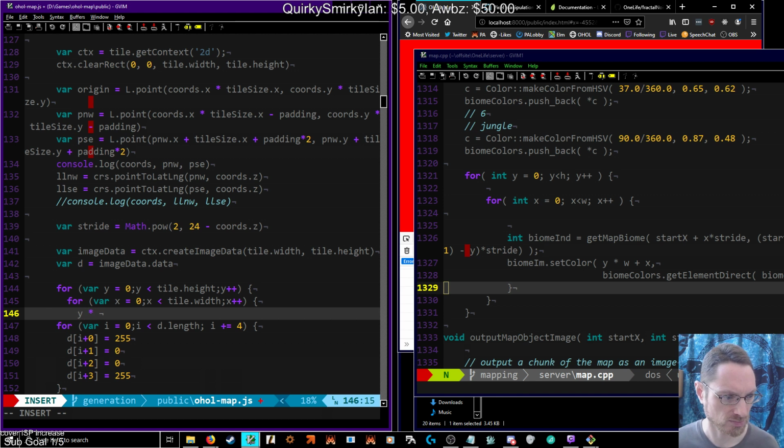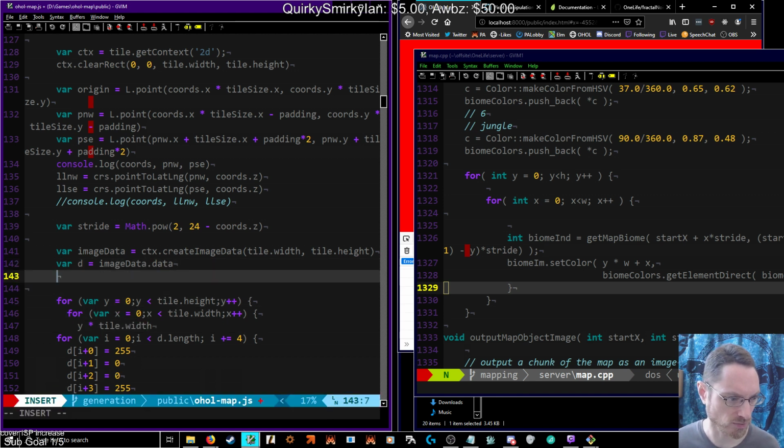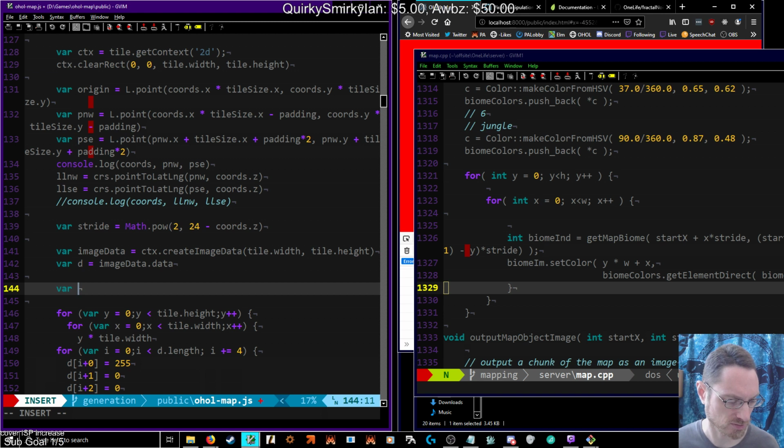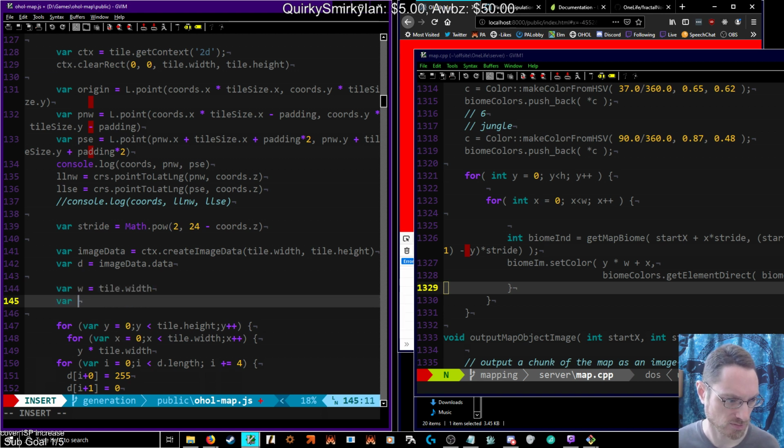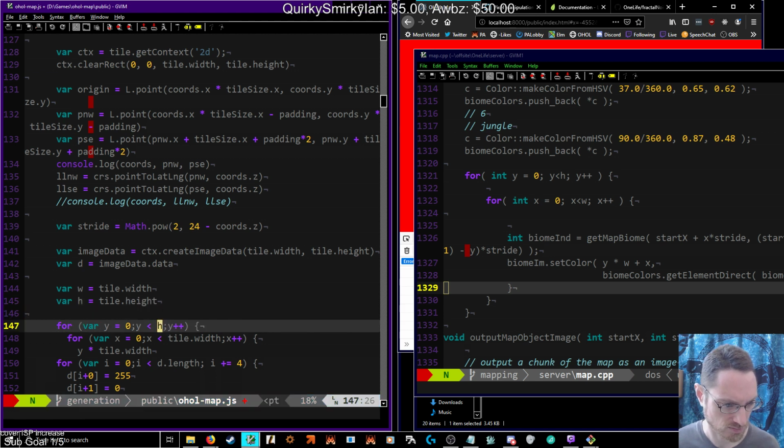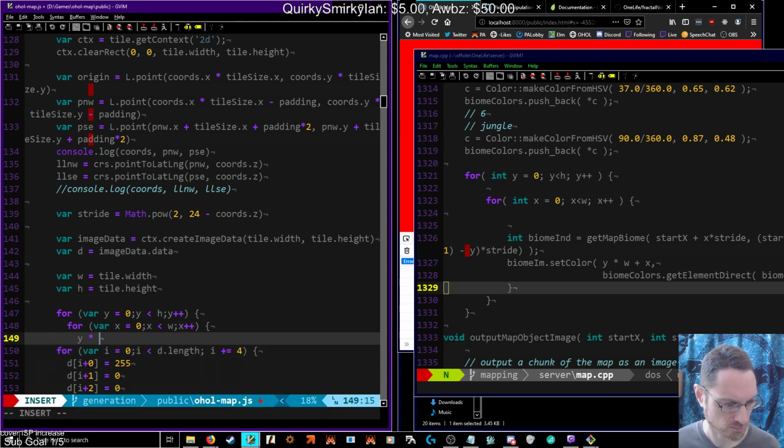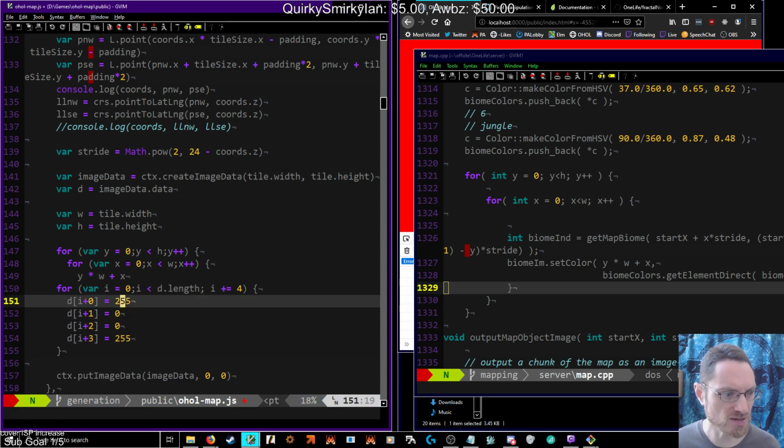Actually, I'm going to be referencing these a lot in this loop. y times width. Yeah, so that's our pixel index.